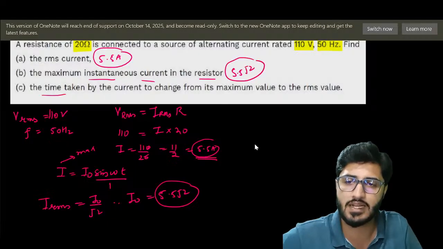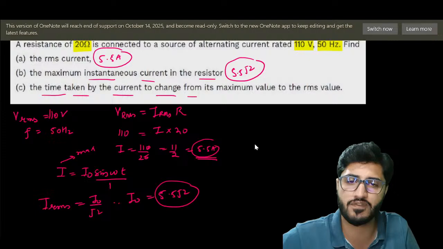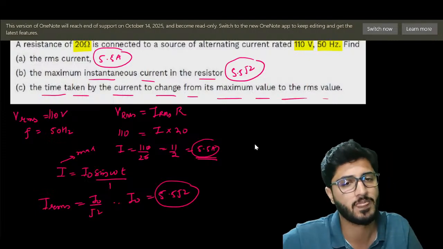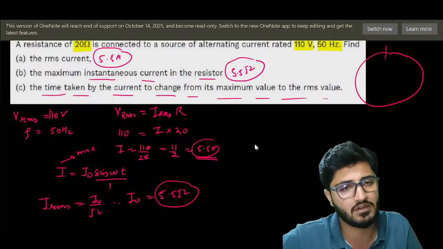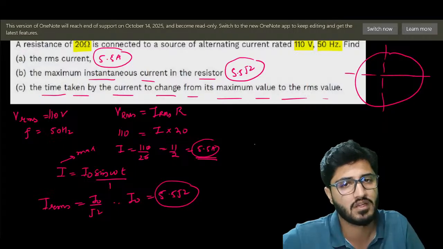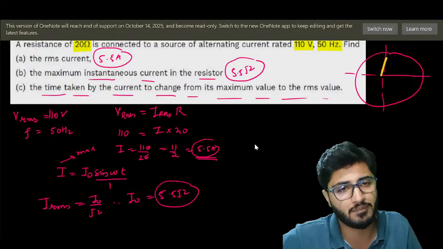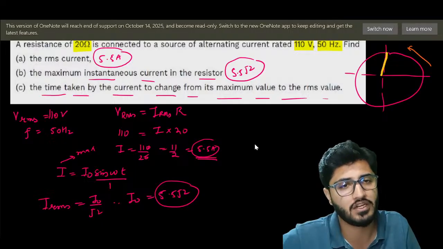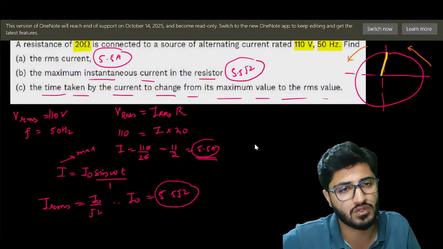Third one, the time taken by current to change from its maximum value to the RMS value. So if this is my phasor, it is already here at maximum, right? So now I want to go to the RMS. Look, here is 0, then it is 1 by 2, 1 by root 2, root 3 by 2.